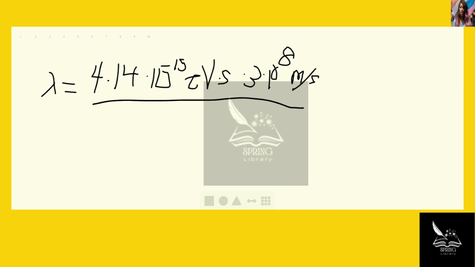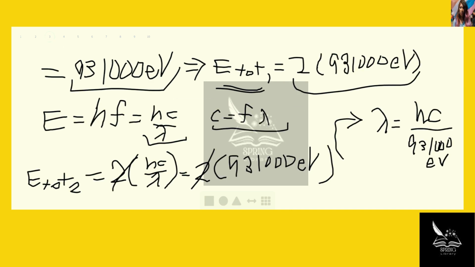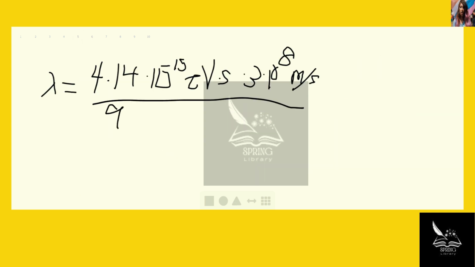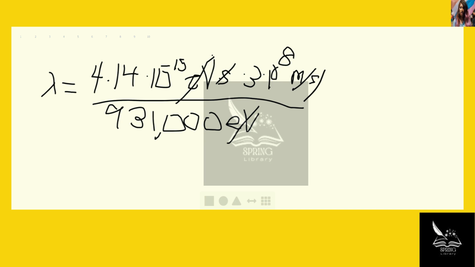All of this is over the energy we found over here, 931,000 electron volts. Let's check the units just for sanity. Electron volts cancel, seconds cancel. We end up with meters, so that's good.